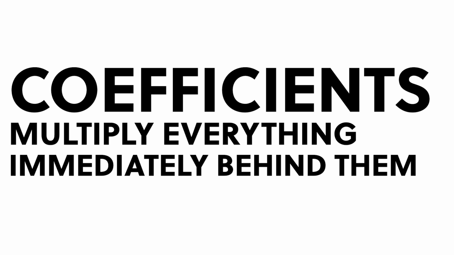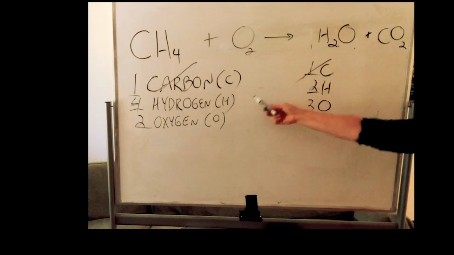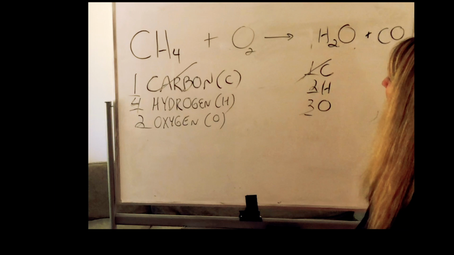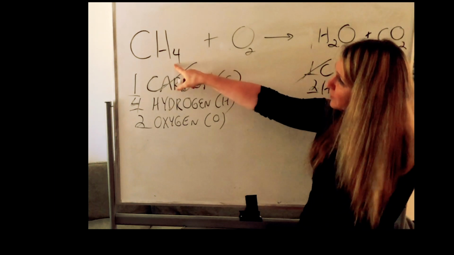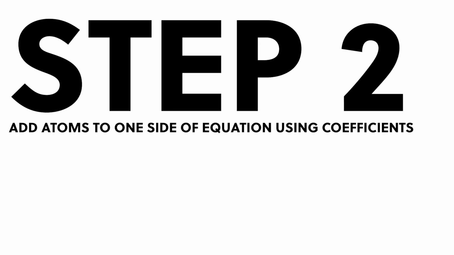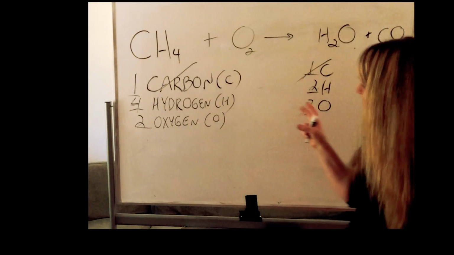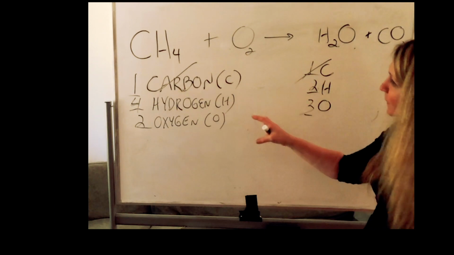So now we can compare to see if this is a balanced equation or not. Both sides have 1 carbon, so that is balanced. That's good. But if we look here, we don't have any balance. We have 4 hydrogen over here, and we have 2 hydrogens over here. The easiest way to do this is look at which side has the larger number of atoms.